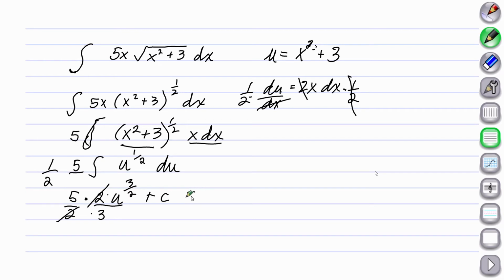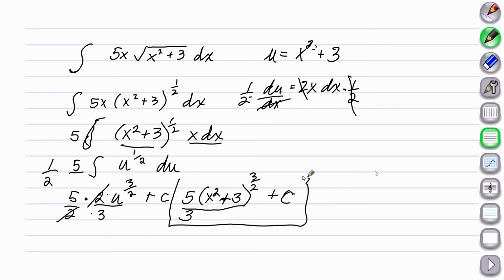So I get 5, and u is x squared plus 3, to the 3/2 over 3 plus c. Let's see if that's correct. Yes. So here's my answer to this mess.